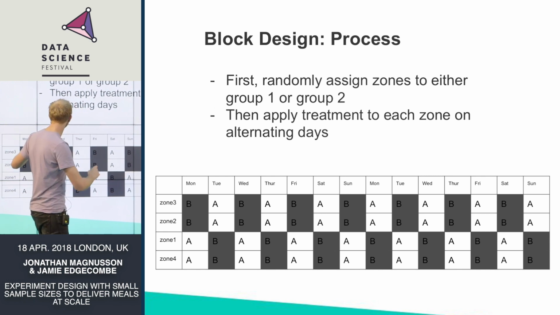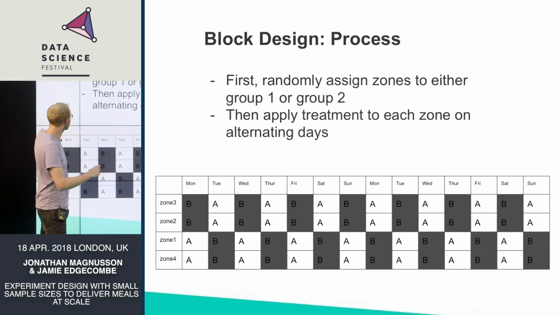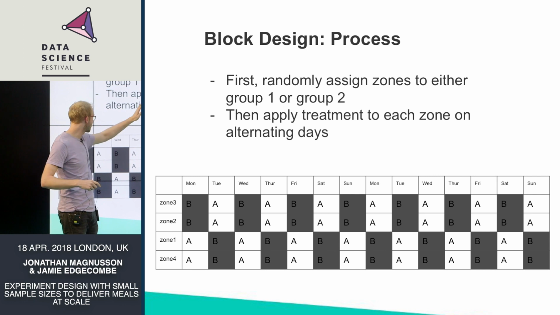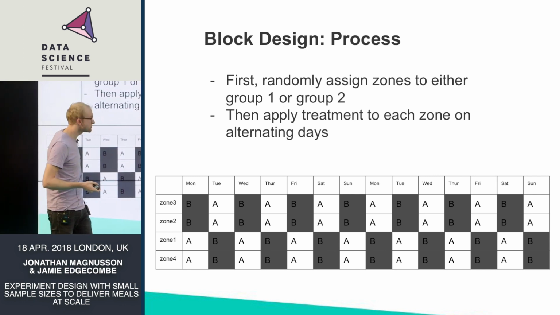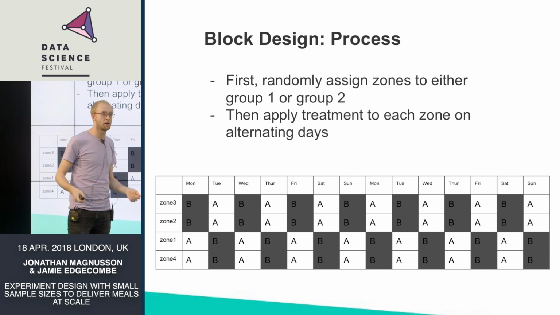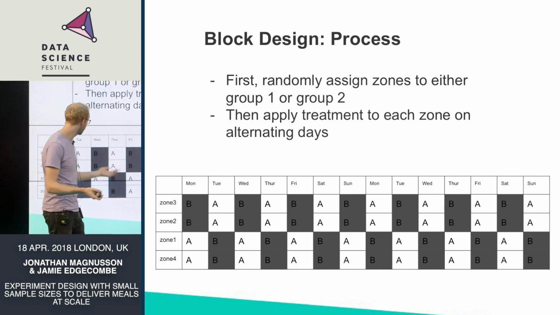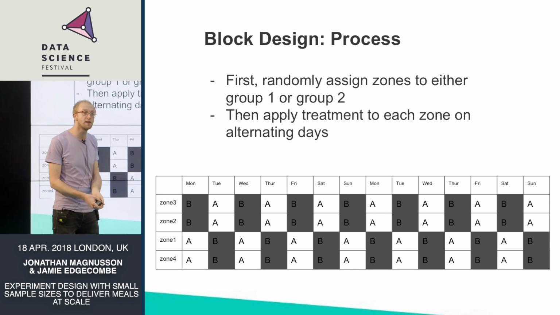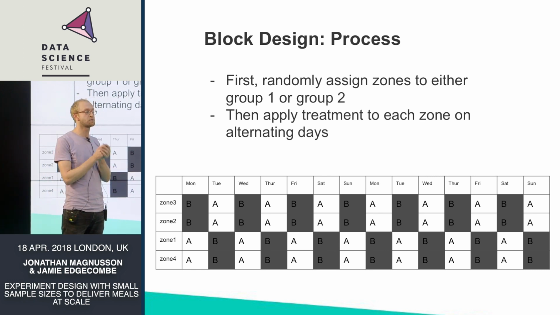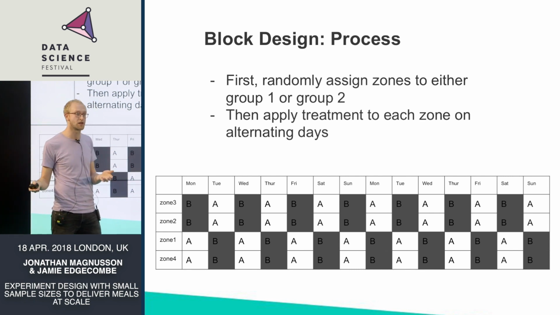So in this example here, we've got a 2-week experiment that starts on a Monday and ends on a Sunday. And we can see that zone 3 and zone 2 are in group 1. What this means is that on the first day of the experiment, which is the Monday, they will experience the B effect, which in this example is to say that the Japanese restaurants will have a larger delivery radius than they would usually.